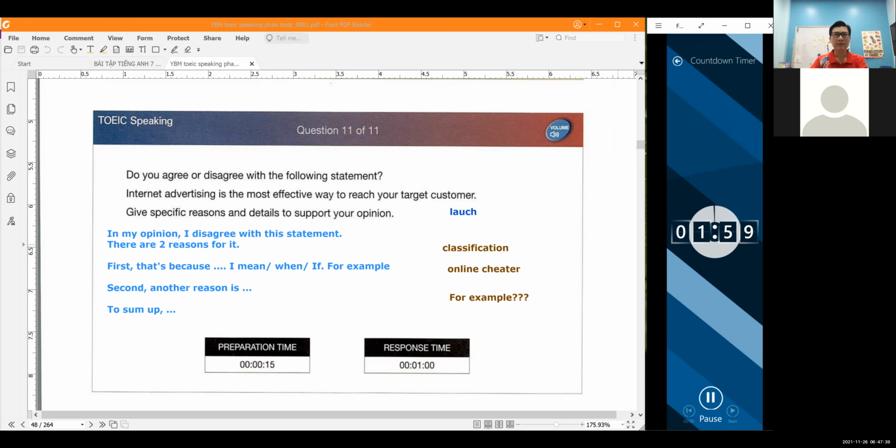In my opinion, I disagree with this statement. I think internet advertising is just one of the ways to reach your target customer. There are two reasons for it. First, that's because every product will have its own classification of customer. I mean the category of customer for every product will be very different.